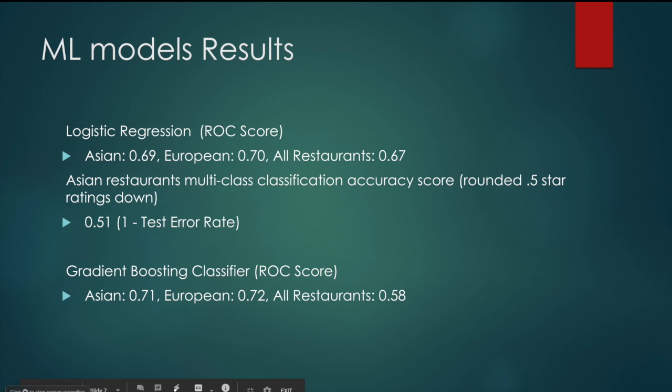So here we present the performance results of the models we fitted to the data. For the question we're trying to answer, our main focus is on binary classifiers. So models we use included logistic regression as well as ensemble tree methods, gradient boosting classifiers.